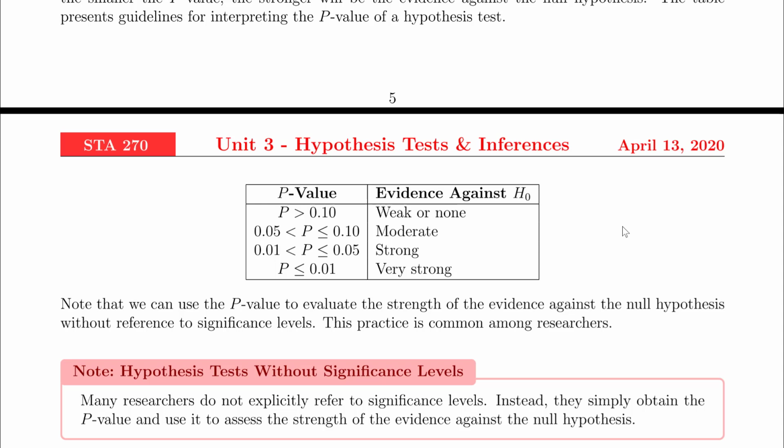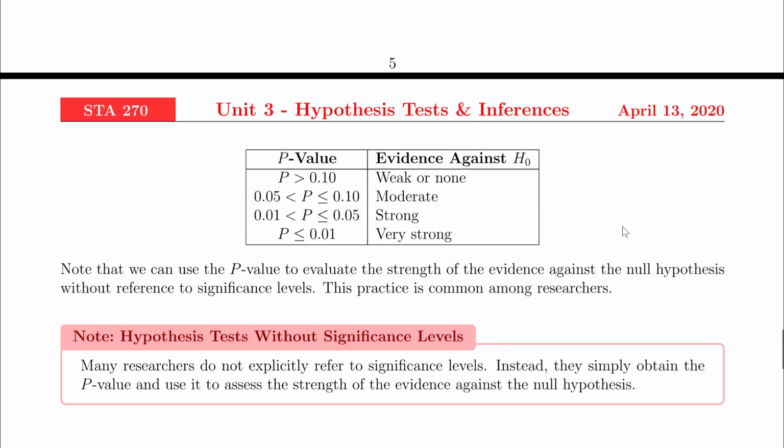If it is between 0.01 and 0.05, then we have strong evidence that we should probably reject the null hypothesis. And if our p-value is less than 0.01, then we have very strong evidence that we should reject the null hypothesis. And if you go back and look at the previous examples, you can see where our given values of p fell into this chart and why we either rejected or did not reject the null hypothesis.